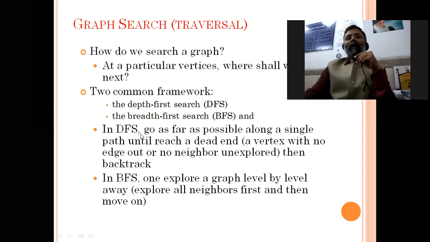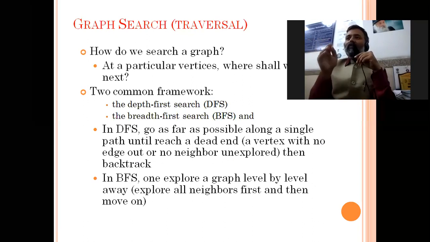So in DFS, go as far as possible along a single path until you reach a dead end. A dead end means a vertex with no edge out or no unexplored neighbor. From that dead end, we will backtrack and see the next possible path.